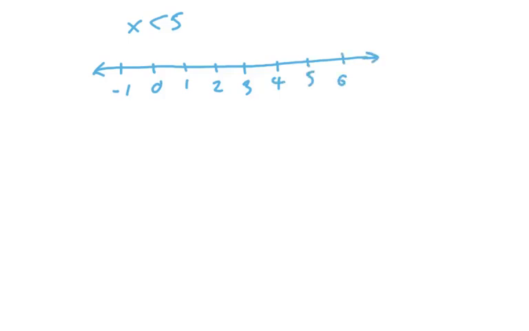All the values of x that are less than 5 would be all of these. 5 itself would not work. We usually communicate that by drawing an open circle at the 5, which gives the idea that we get all the way up to 5, but we don't actually include it. 4.99999 would be fine, but 5 would not.